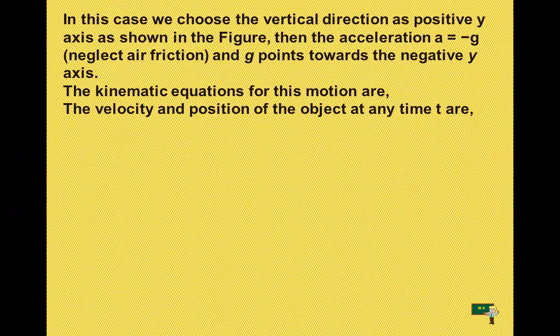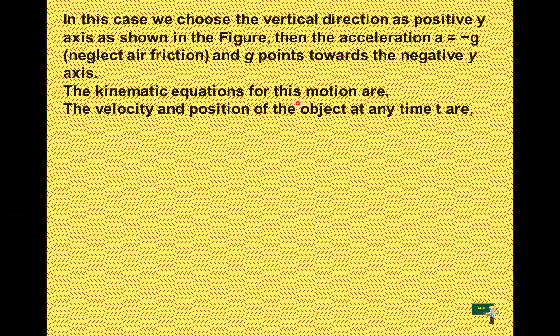In this case, we choose the vertical direction as positive y, whereas in the first case we used it as negative y. Now the acceleration is against the gravity, so a is equal to minus g. Neglect air friction, and g points towards the negative y-axis.